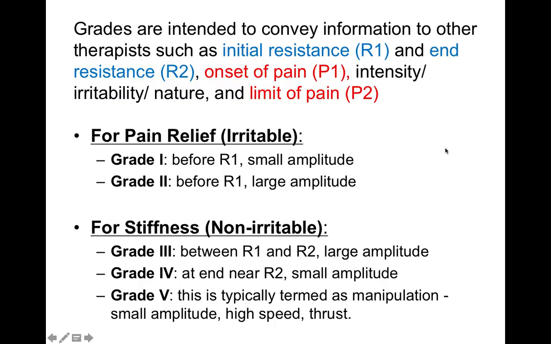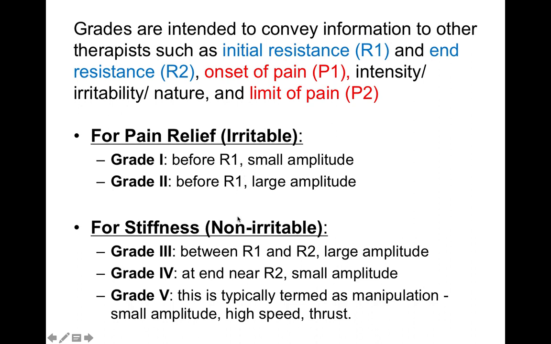So, in summary, grades are intended to convey information to other therapists, such as where the initial resistance occurs, which we call R1, and where the end resistance occurs, R2. We also talk about onset of pain, as described by the patient. Initial onset of pain within that range is going to be called P1, whereas the limit of pain is going to be P2. So for pain relief, if the individual is irritable in that particular joint, we may decide to do grade 1s and 2s before R1, or initial resistance.